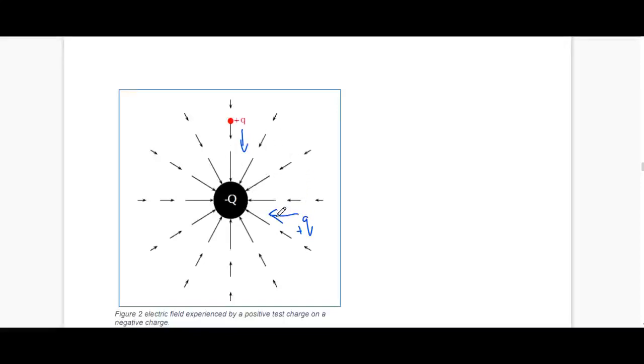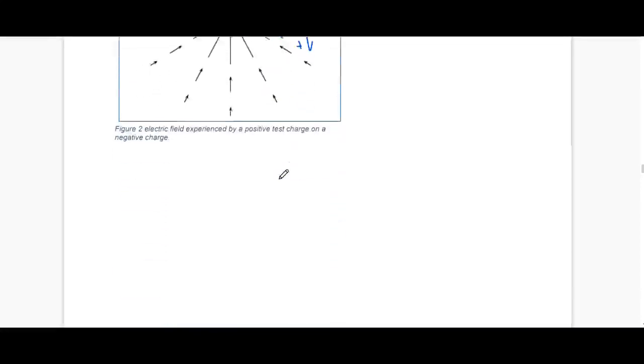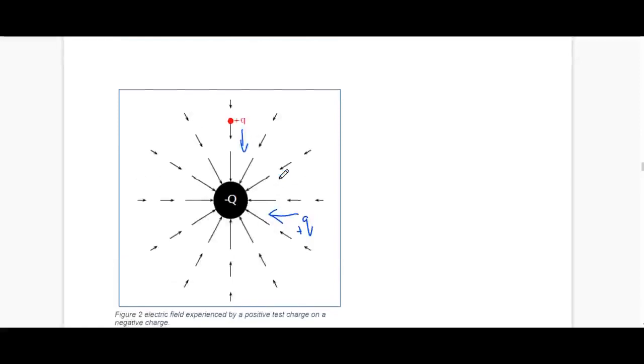So it tells us that the field lines of this charge go towards its center, they go inwards. So when you are being asked to draw the field lines of a negative charge, you will do that. They go inwards.